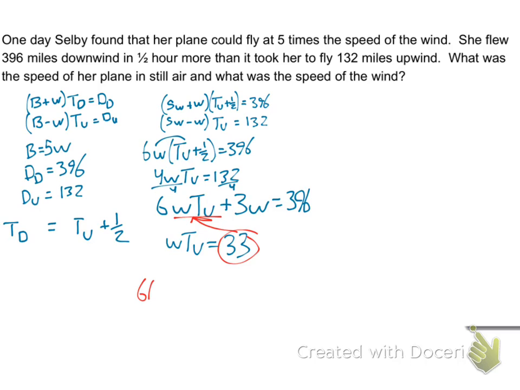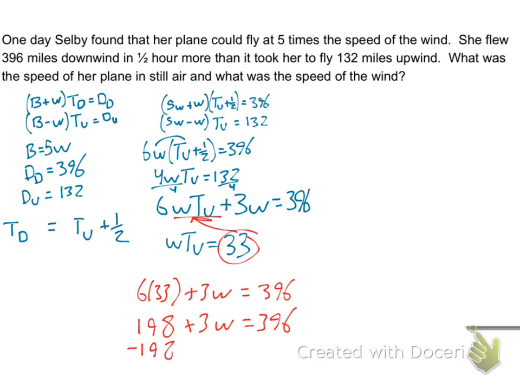So I get 6 times 33 plus 3W is equal to 396. I only have how many variables now? Can you solve for W? 33 times 6? 198 plus 3W is 396.